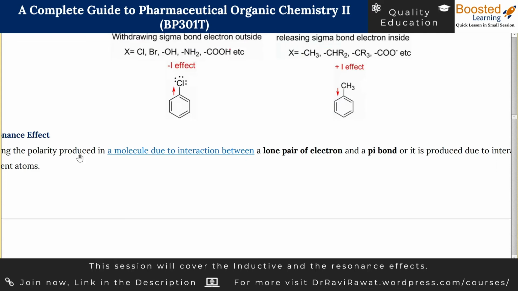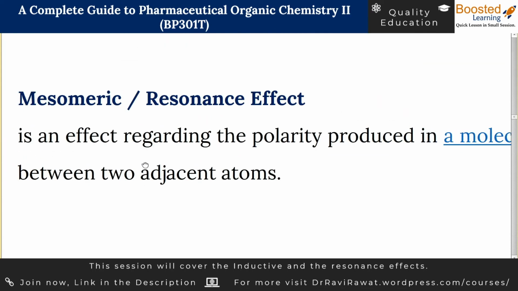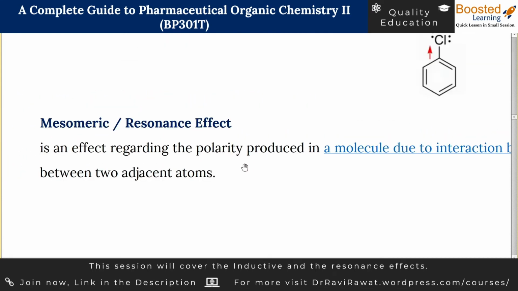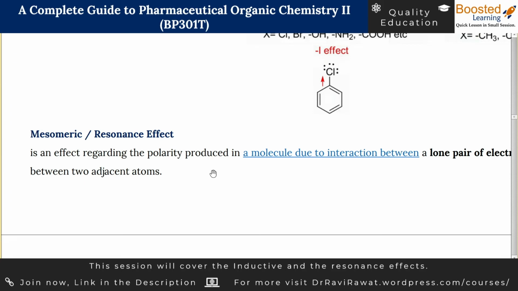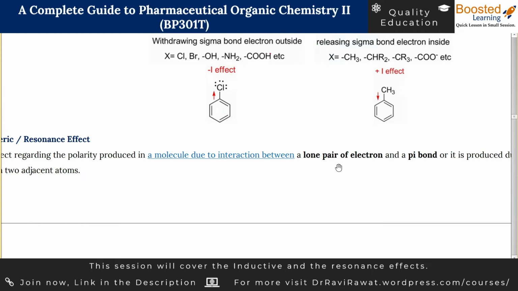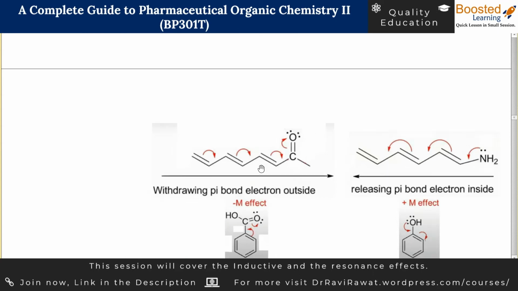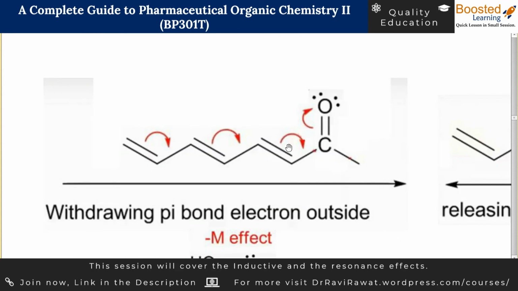Okay. Now let us see the other effect, which is resonance effect, and in this case the effect is transferred through the lone pair electrons and the pi electrons. Let us see how. Suppose there is conjugation in the molecule, and on the other end of the conjugation there is one electronegative atom.